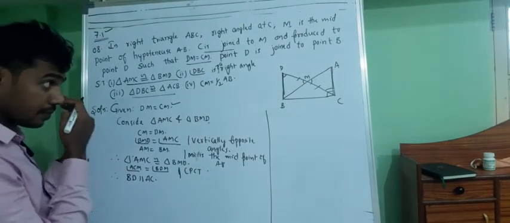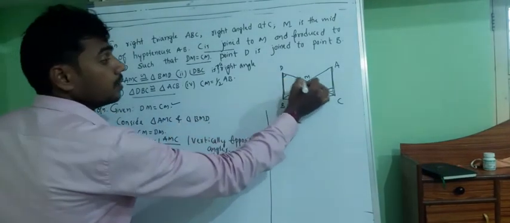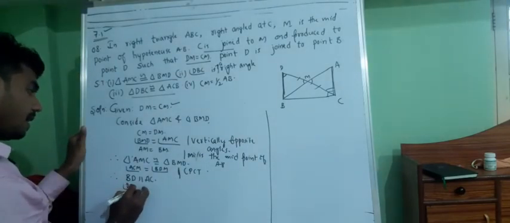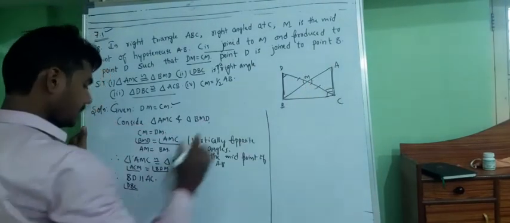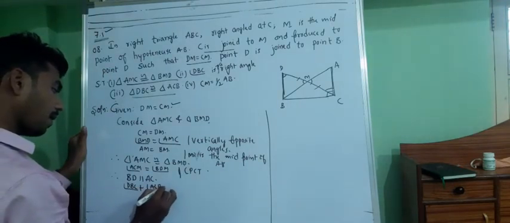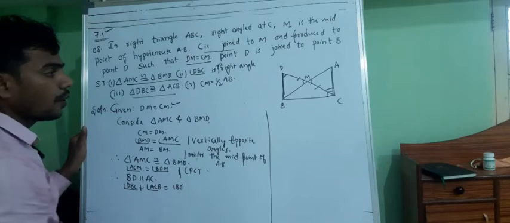Now, angle DBC plus angle ACB is equal to 180 degrees. Why?